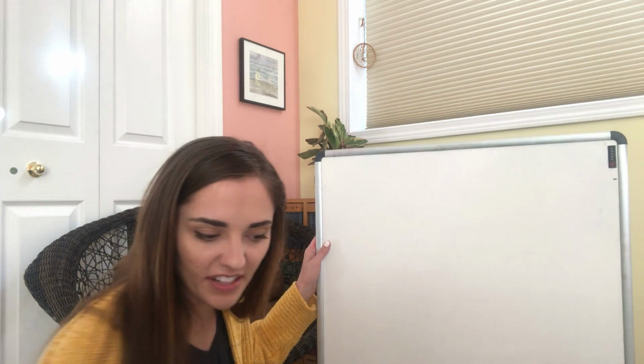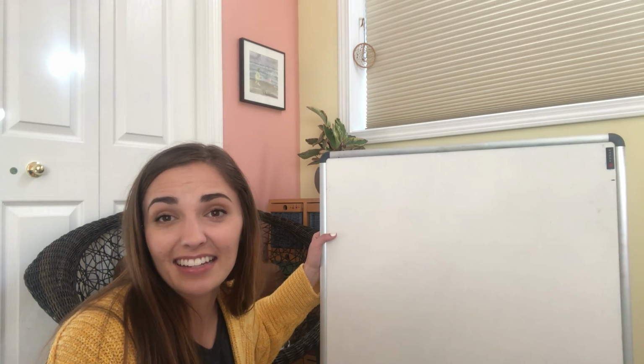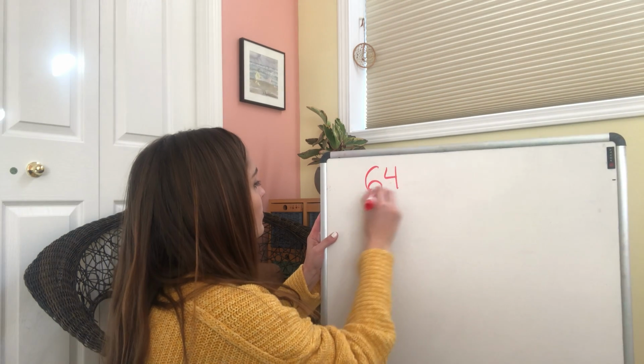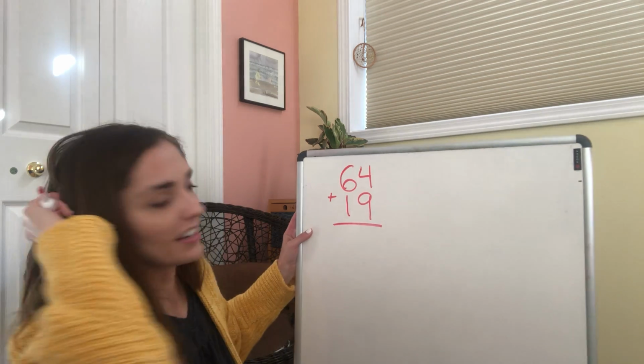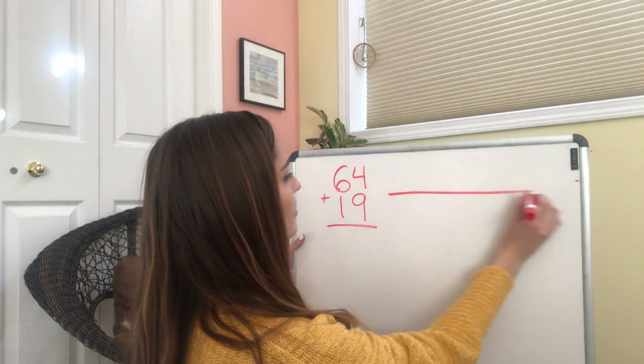Okay, and we'll go on to day 3, our last problems for this video. Let's do 64 plus 19. I'm going to go back and do the open number line again. Okay, let's try that one.